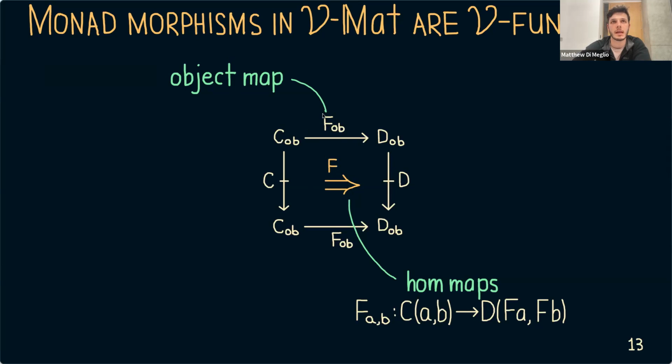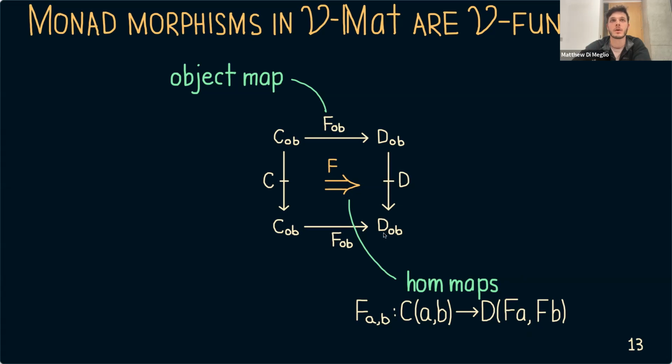So recall that a cell in this double category is a matrix of morphisms. So the AB component of this matrix is a morphism from the AB component of the matrix on the left to the F of A, F of B component of the matrix on the right. So it's a family of maps like so.